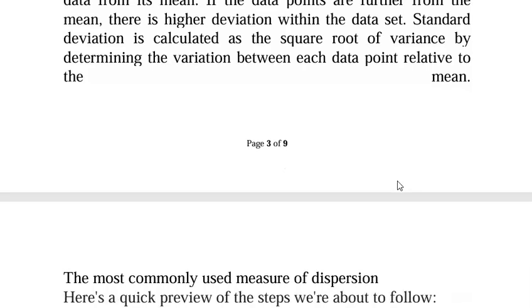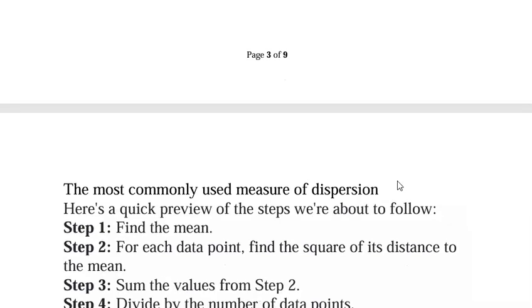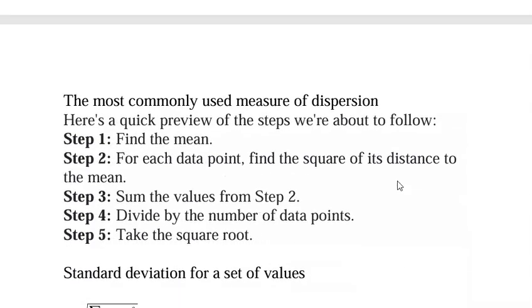So we need to get the differences. Standard deviation is calculated as the square root of the variance. The variance is simply the difference between the value and the expected value, or the mean. So first things first, you find the mean.